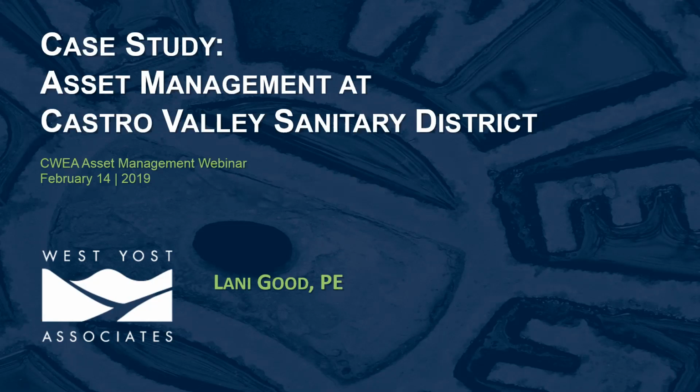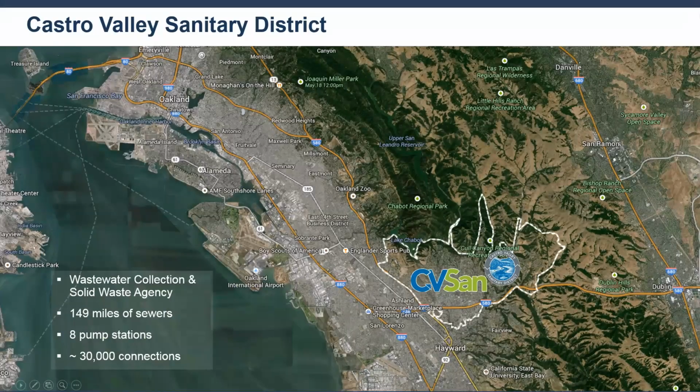Great, thank you, Randy. I'm going to jump right into the presentation and give you an introduction here to Castro Valley Sanitary District's program. So Castro Valley Sanitary District is in the San Francisco Bay Area. It's in the East Bay. San Francisco is here to the left, if you can see my mouse pointer. That's the San Francisco Bay Bridge in the city of Oakland. So they're just to the east.